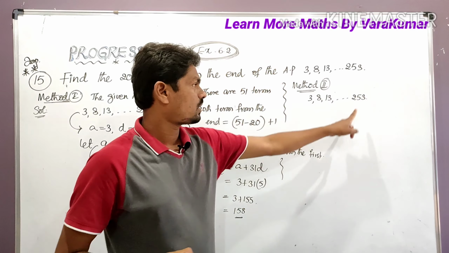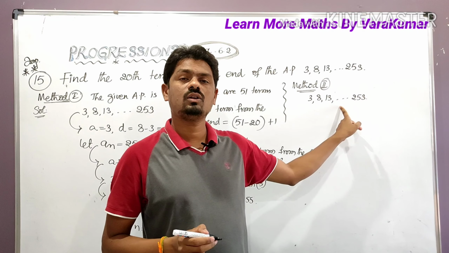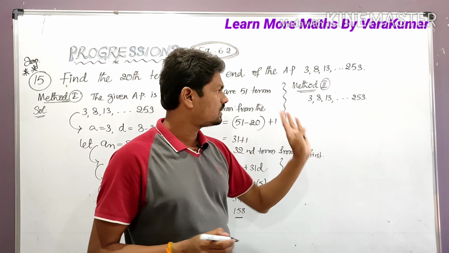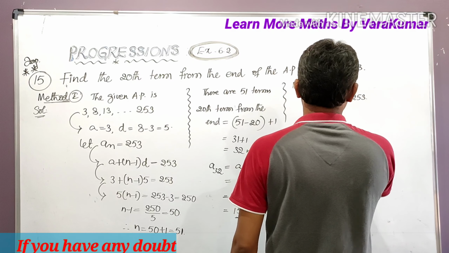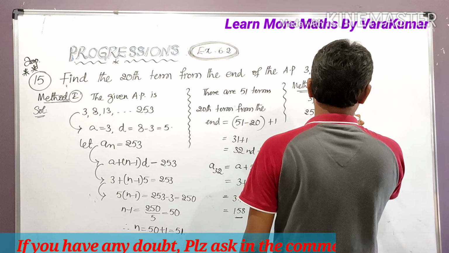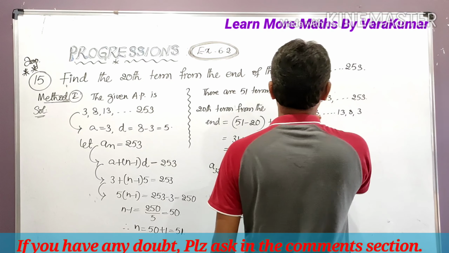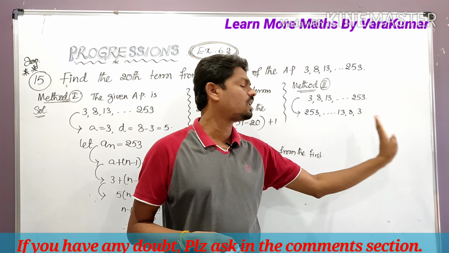From the last we have to find the 20th term. For that we write 253, and so on, 13, 8, 3. We just write the series in reverse.